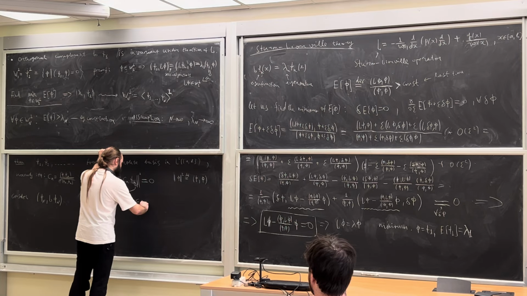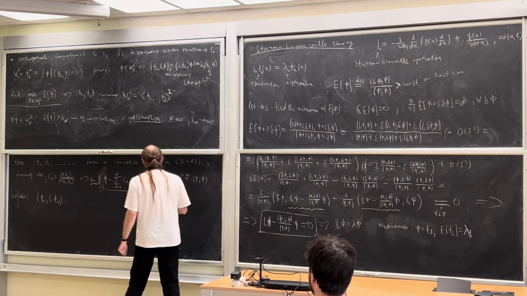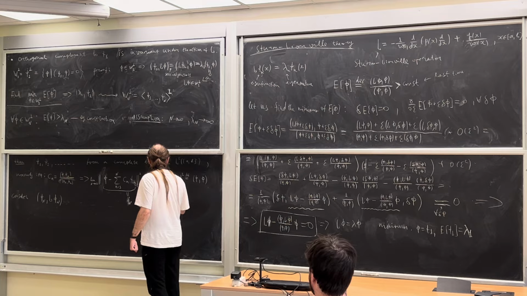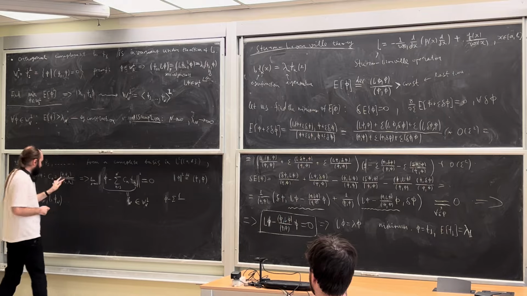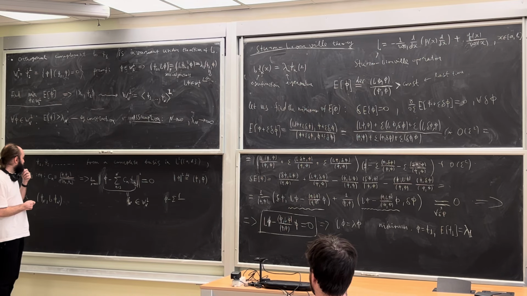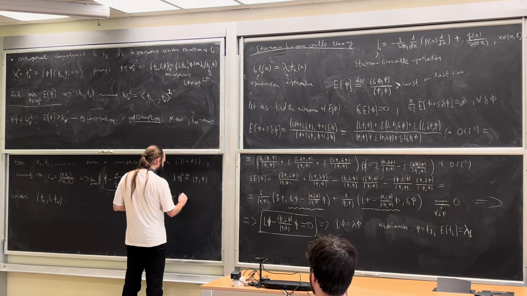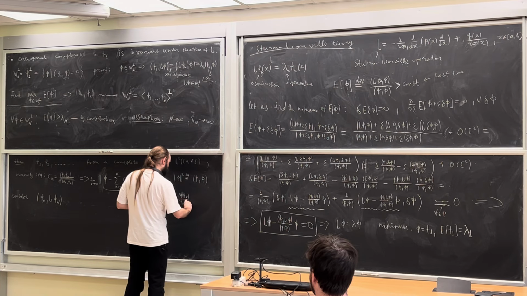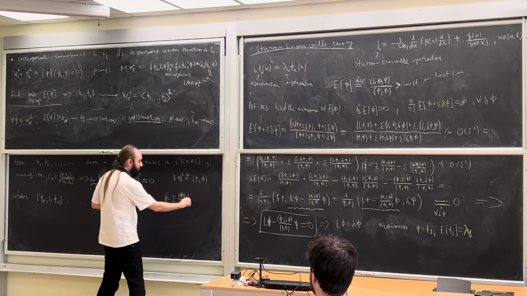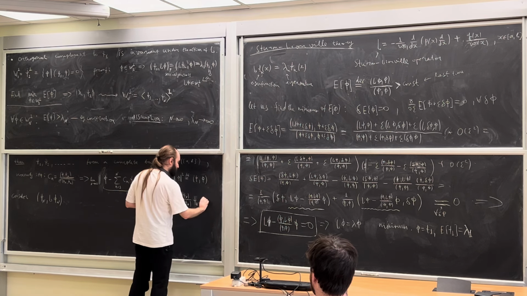It's actually easy to check, because the explicit form of phi n is phi minus the sum of the scalar products of phi with psi k times psi k. We take the scalar product with psi k.